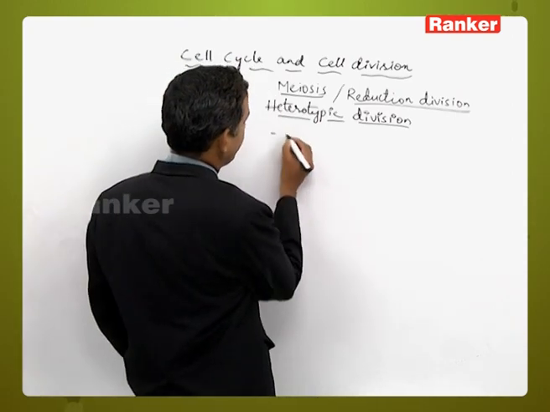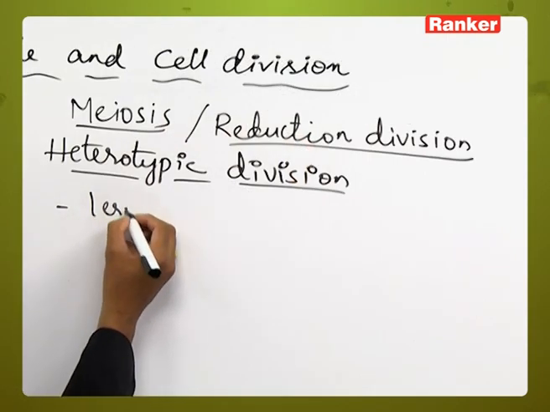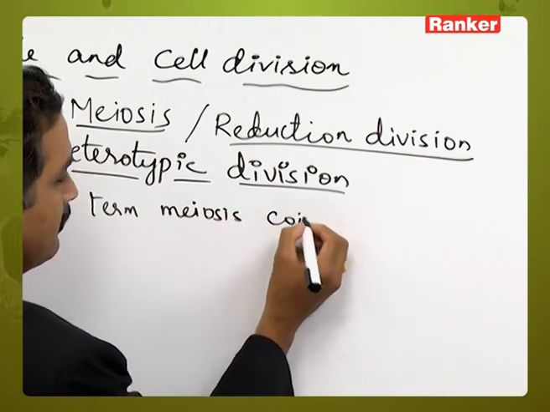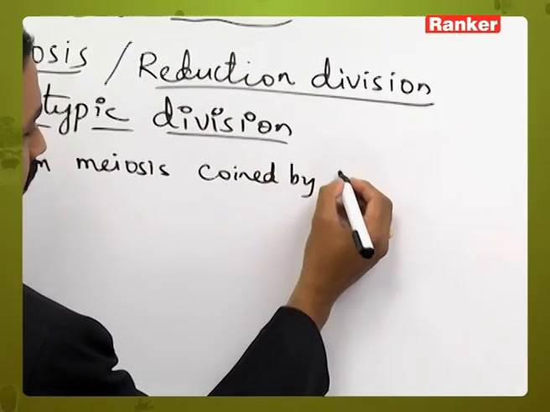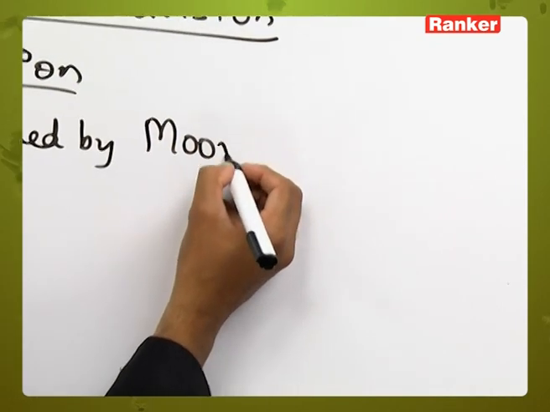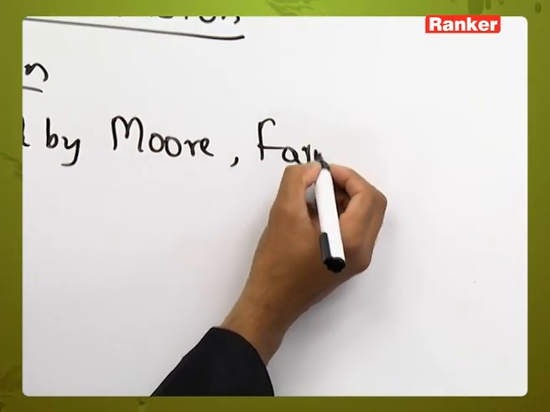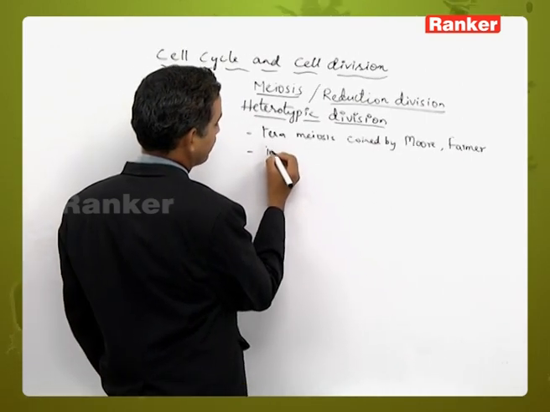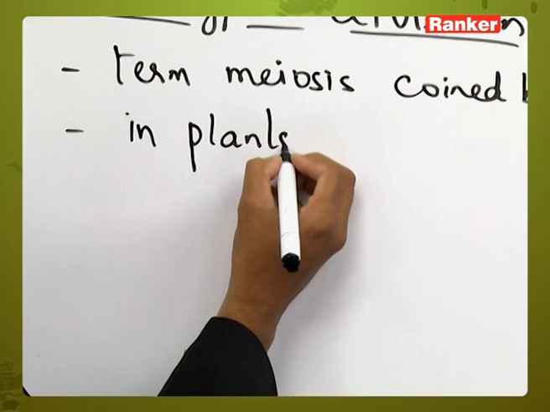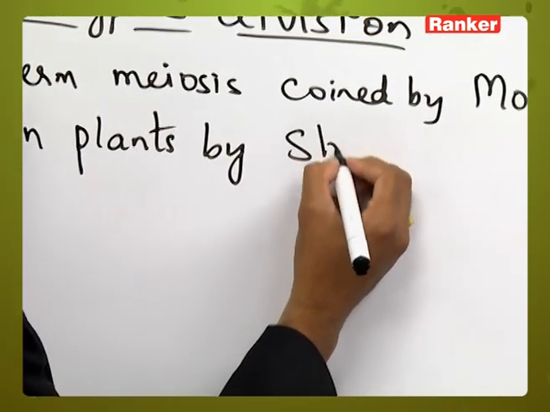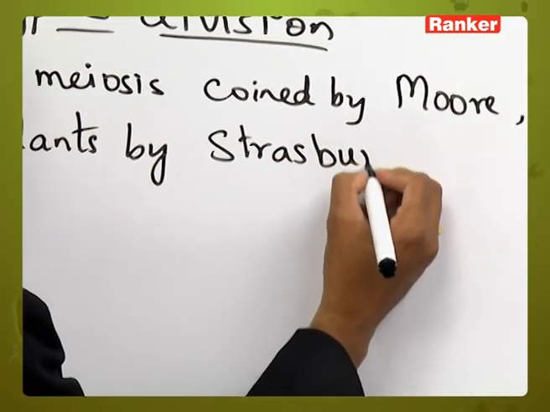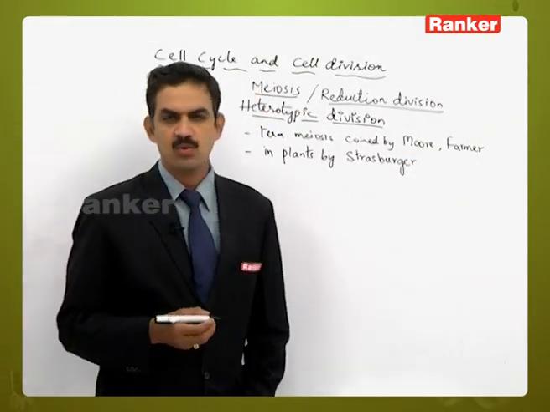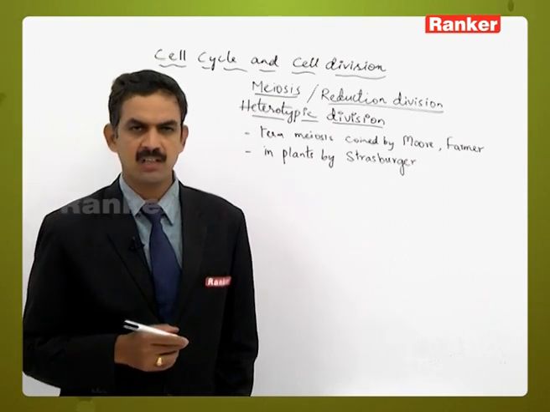And here the term meiosis was coined by Moore and Farmer, and it was discovered in plants by the scientist Strasburger, and many other scientists are related to the discovery of meiosis in animals.